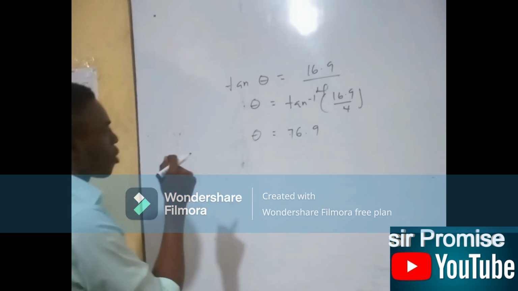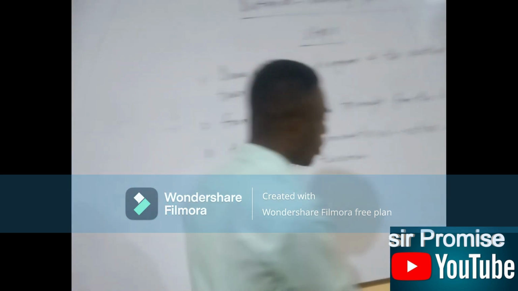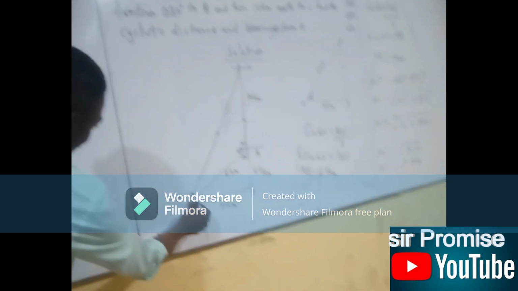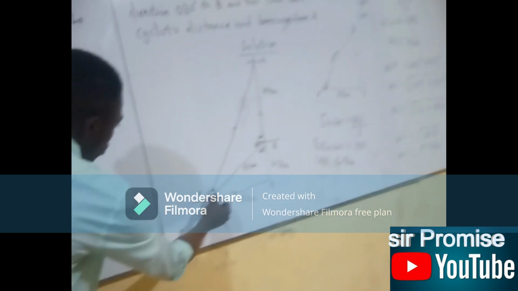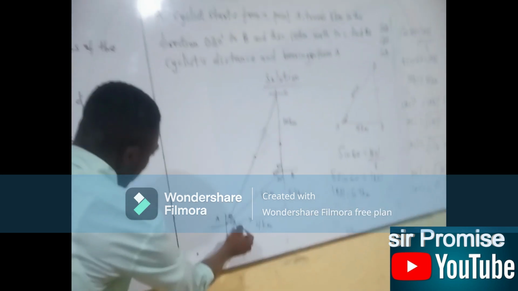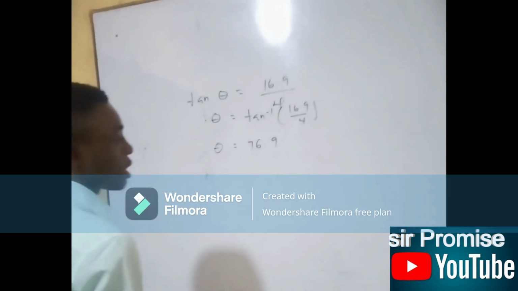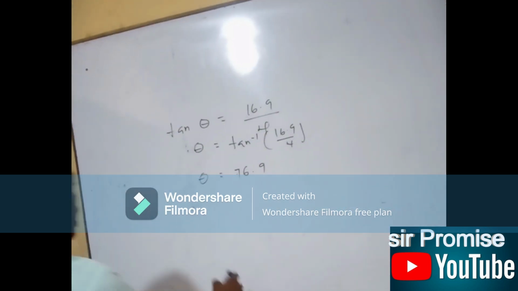So this 76.9 is not the actual angle. The actual angle is the angle from this line to this line. But we know that all from here to that is 76.9, and the whole angle that is formed is 90.